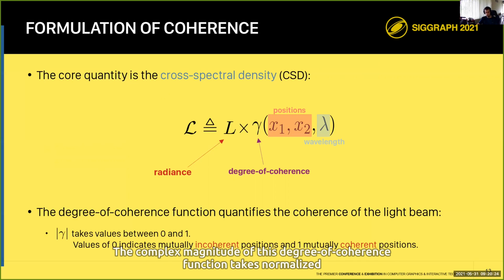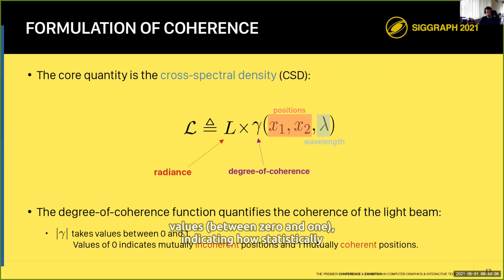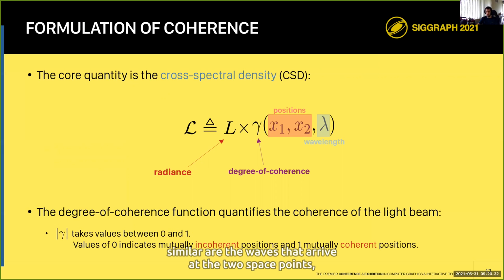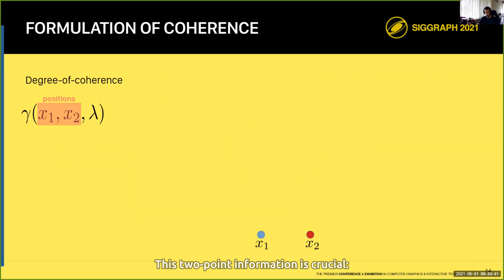The complex magnitude of this degree of coherence function takes normalized values between 0 and 1, indicating how statistically similar are the waves that arrive at the two space points x1 and x2. This two-point information is crucial.